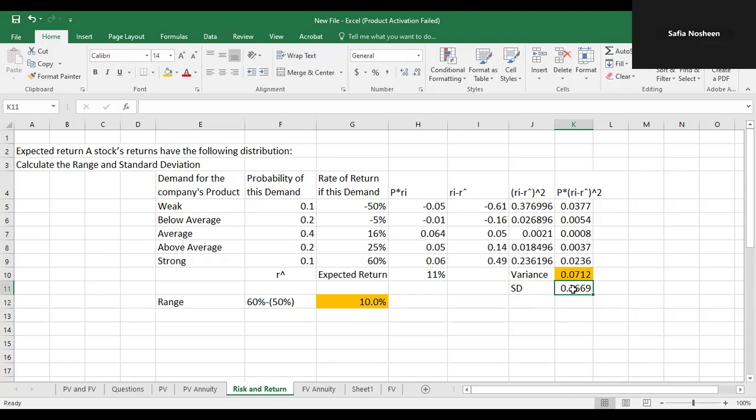So the standard deviation is 26%. What does this 26%, or 27%, mean?